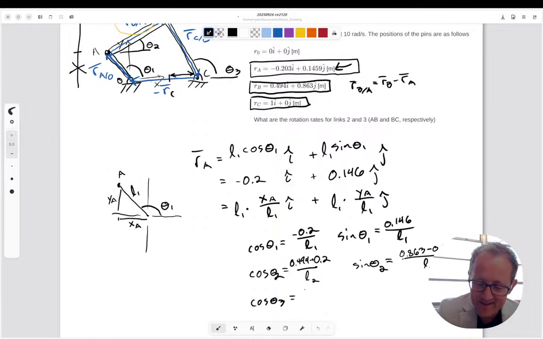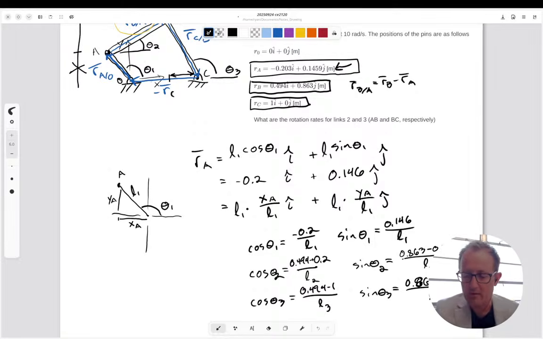Oh my goodness. So 0.494 minus 1 over L3. There we go. Long days, huh? And then now I'm talking about that 0.863 minus 0 over L3. Now I've got those two terms.